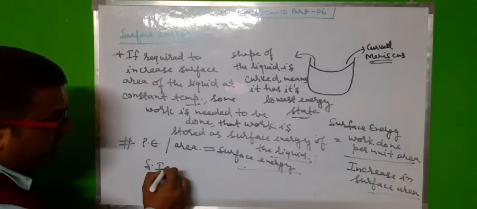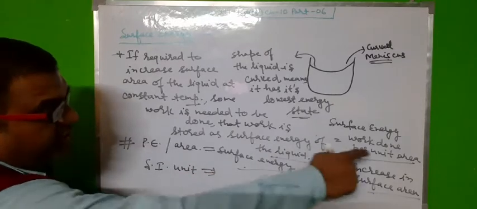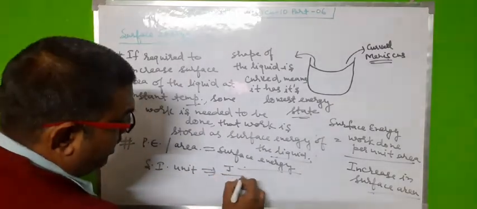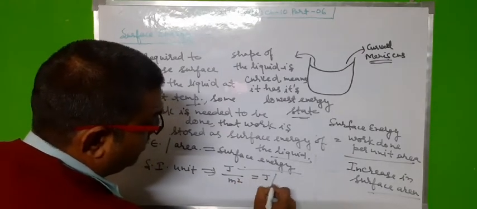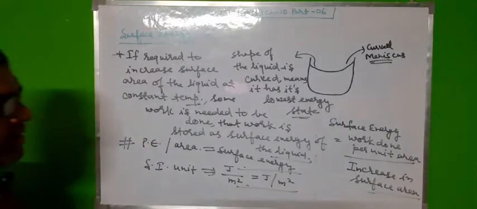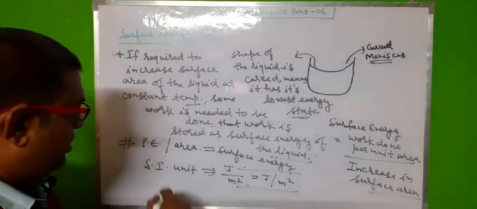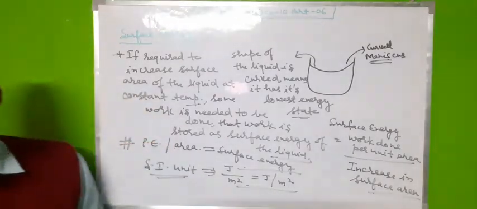The SI unit of work done is joule, and the increase in area is meter square, so its unit is joule per meter square. So the unit of surface energy can be given as joule per meter square.